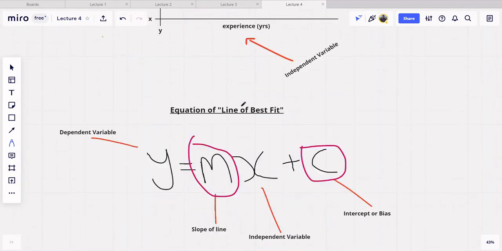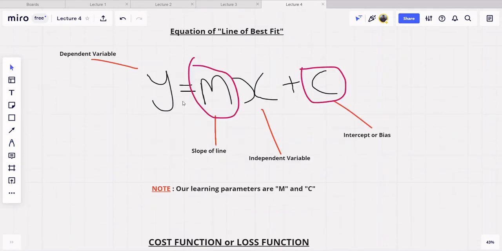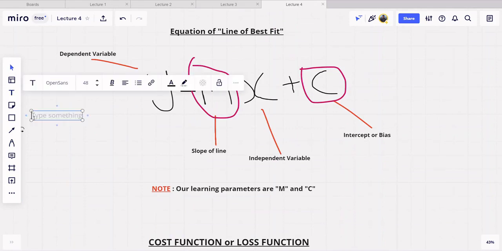Now all we have to do is plug in the values here, because y is unknown, right? We know m. Once we run gradient descent, we'll know m, and x is a variable which we have to give to the model.